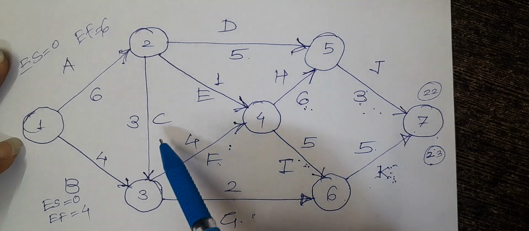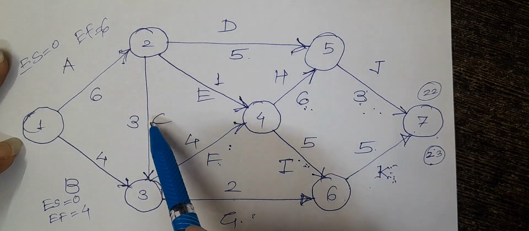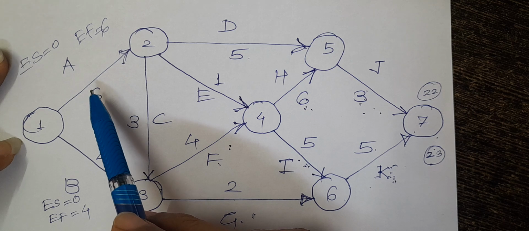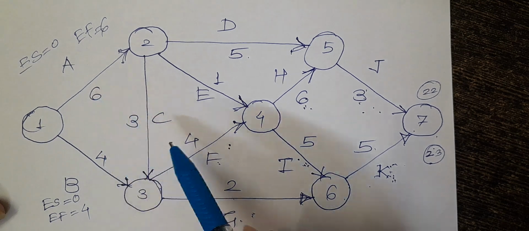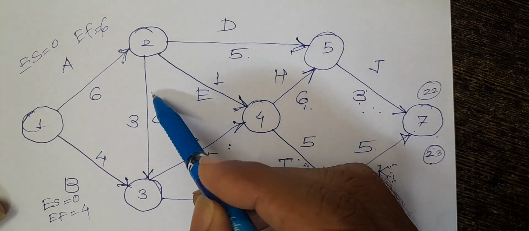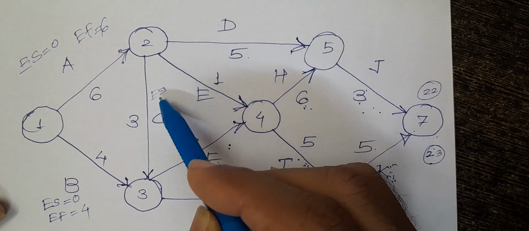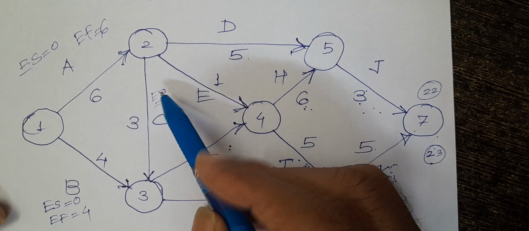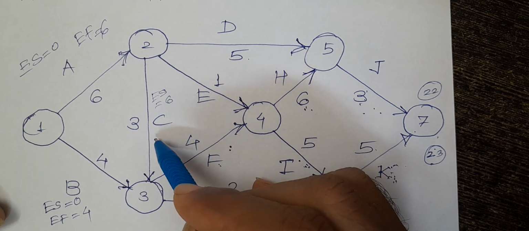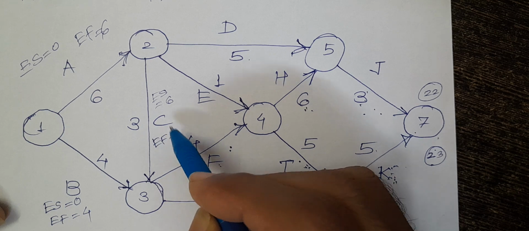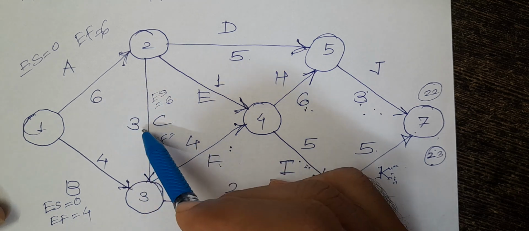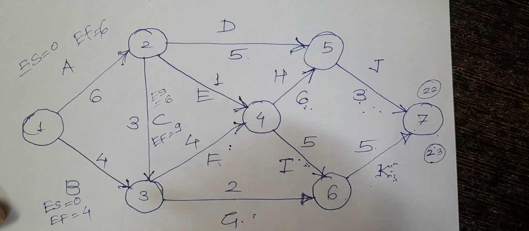Similarly, the earliest start for this activity is 6 because it has a predecessor, and the earliest finish is 6 plus 3, which is 9.